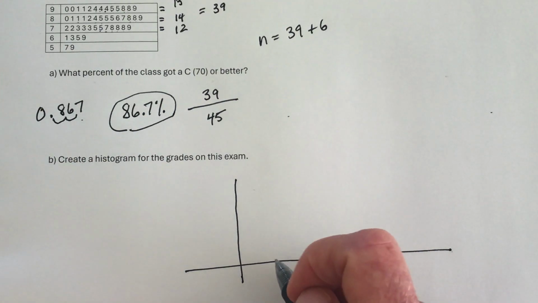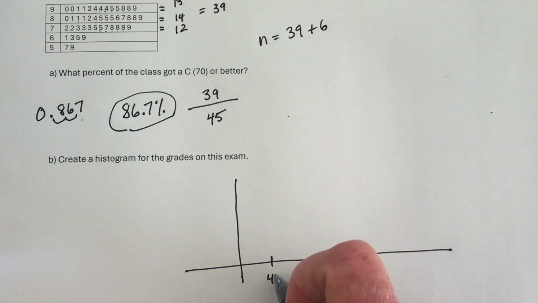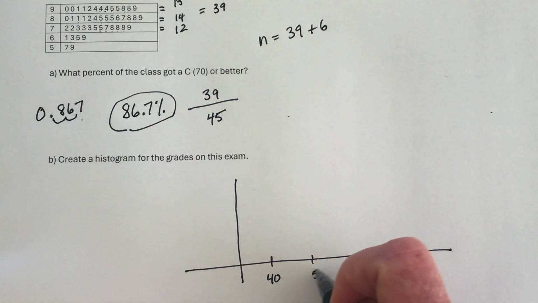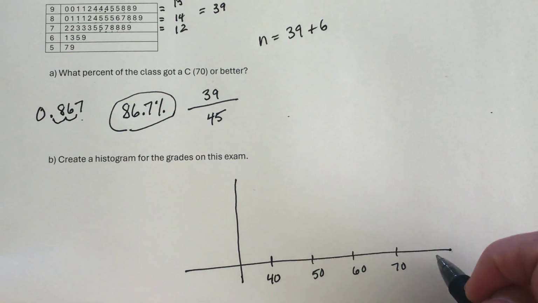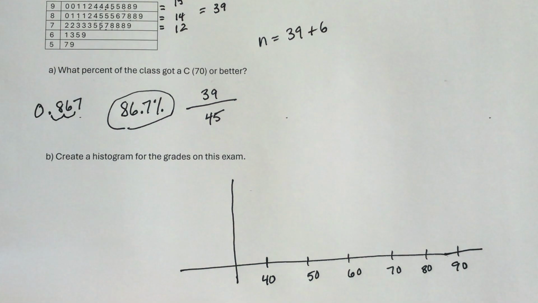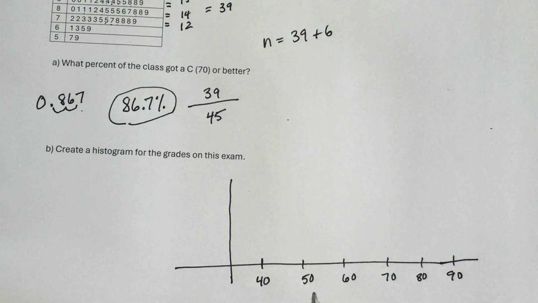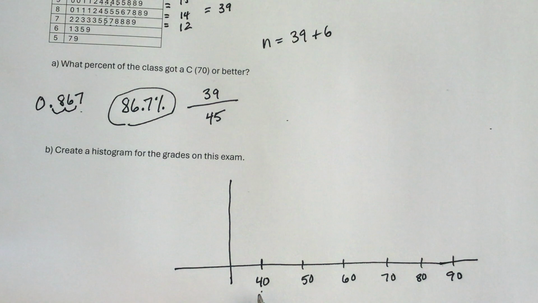So I'm going to say, let's say here's the 40s, the 50s, the 60s, the 70s, the 80s, and the 90s. There's nobody that got 40s, but just bear with me for a moment.